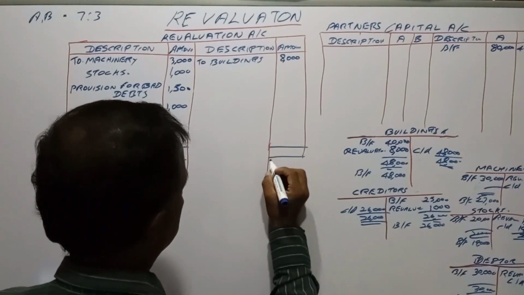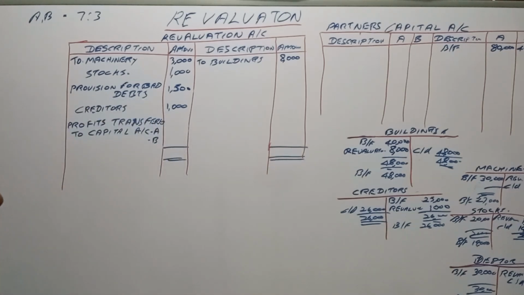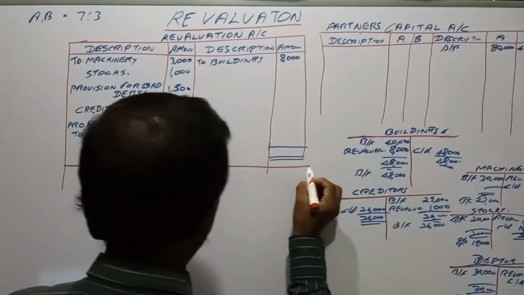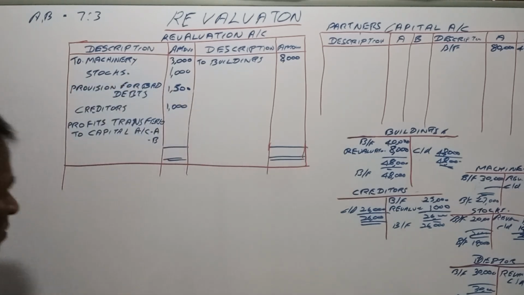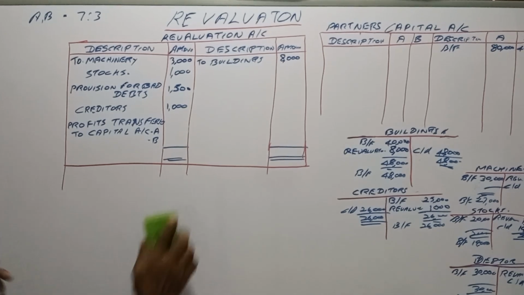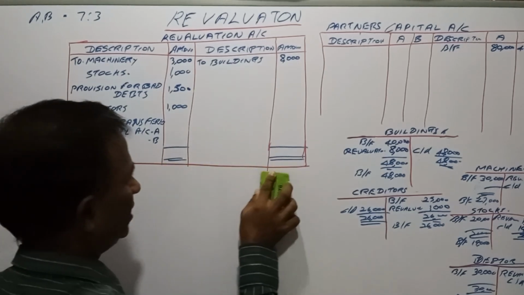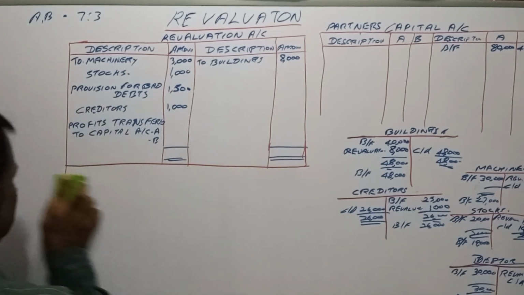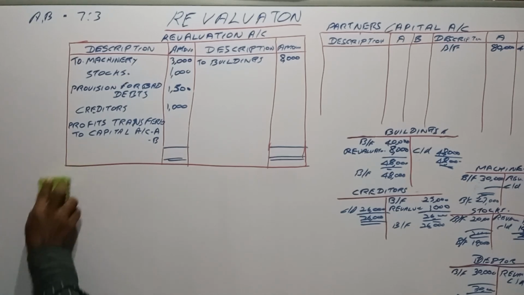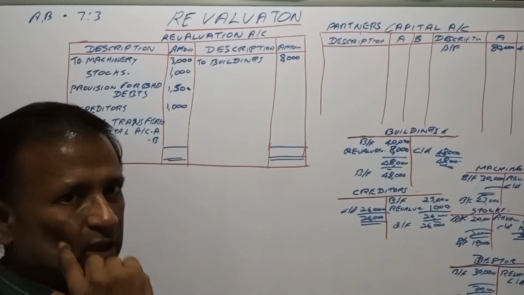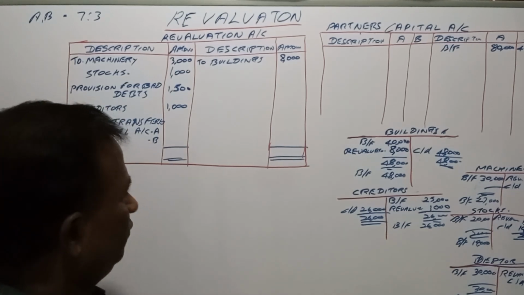Balance it. While we are balancing this, we have to see whether we can do the balance sheet also. If you do the balance sheet extra, you can understand what we are doing. I will do the balance sheet in T format.